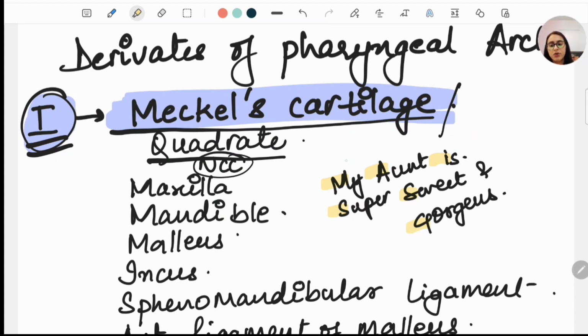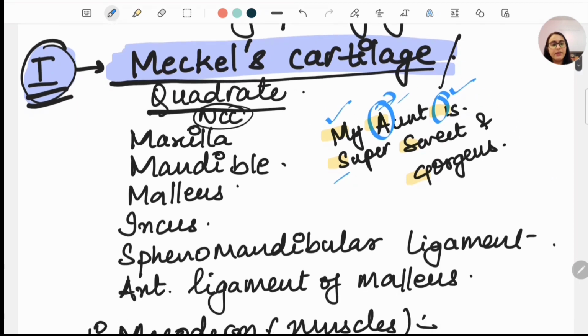M is also mandible as well as maxilla. A is the anterior ligament of Malleus. I is Incus. S is the sphenomandibular ligament. And G is the digastric, the anterior belly of digastric.